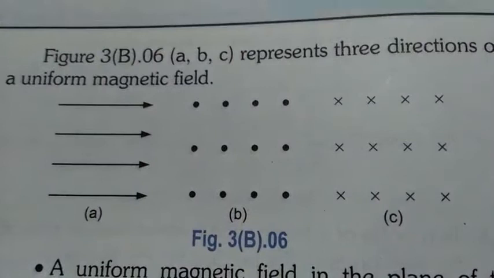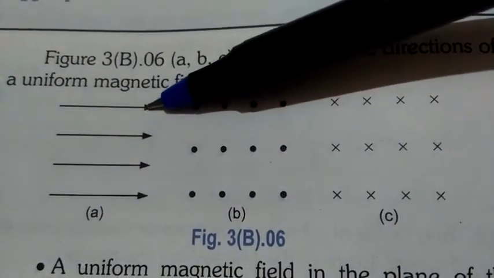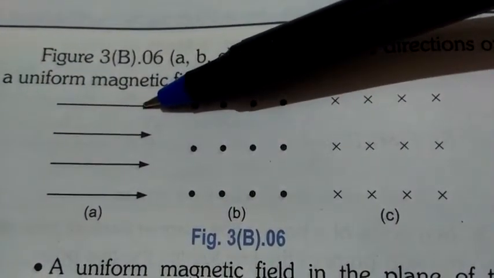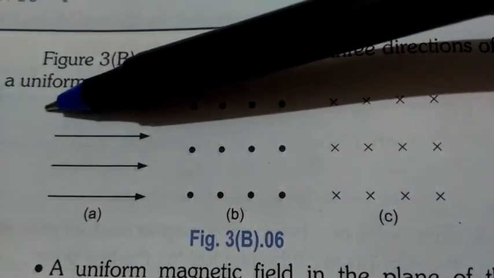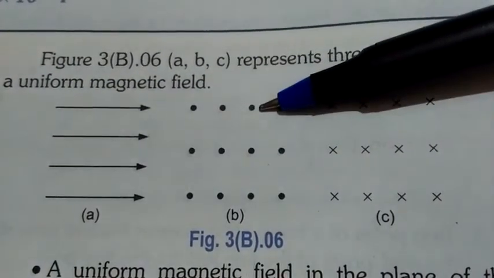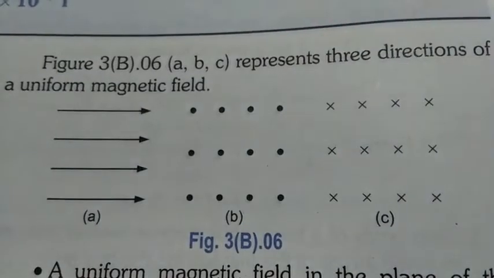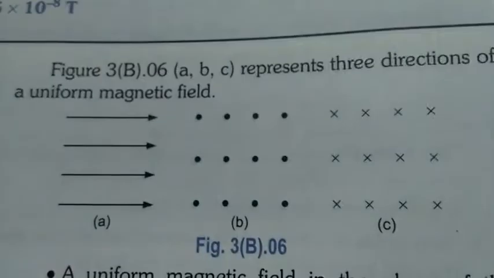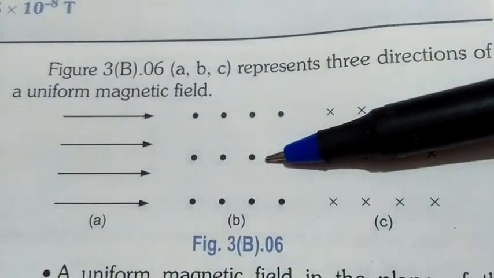So this line is showing the direction of the magnetic field when the magnetic field is on the page, like this, horizontal. If the magnetic field lines are coming out from the page, that means the direction of the magnetic field is like this, coming out from the page in upward direction. That time it is denoted by dotted lines.